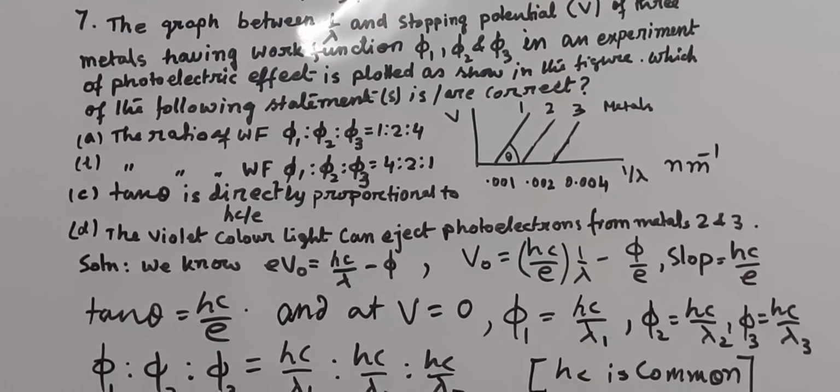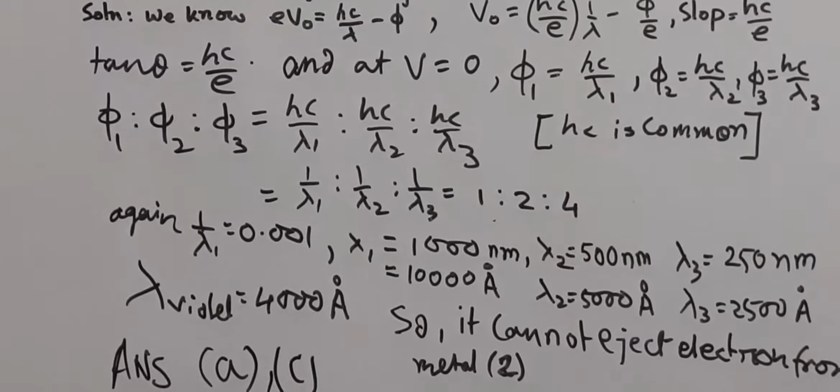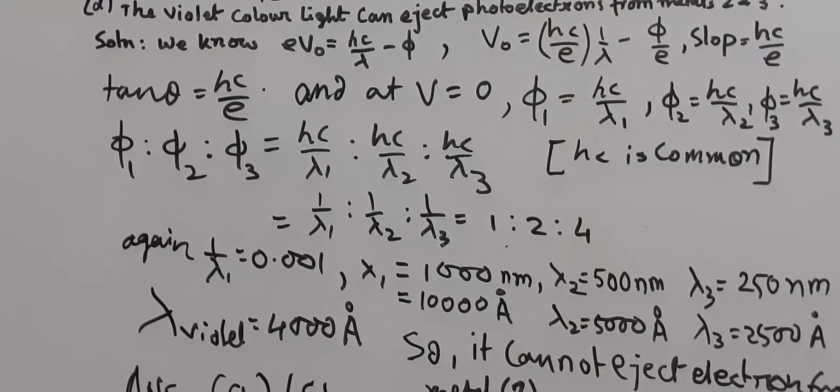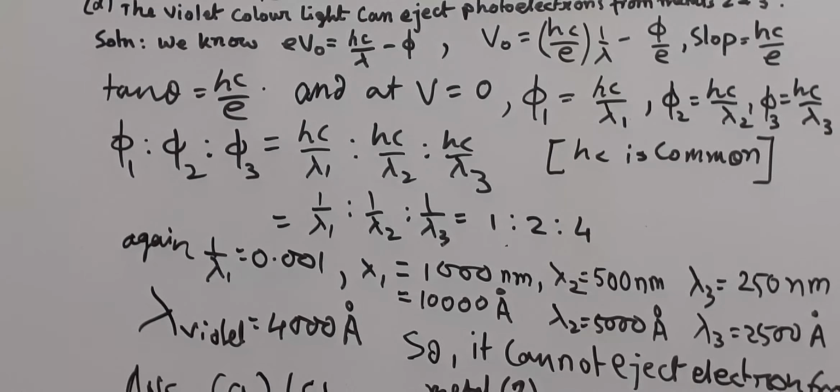Now, from all these relations, we can see phi 1 is to phi 2 is to phi 3 will be h c over lambda 1 is proportional h c over lambda 2, proportional h c over lambda 3, h c is common for all. So, we can write 1 by lambda 1 is to 1 by lambda 2 is to 1 by lambda 3, that is 1 is to 2 is to 4 will be another answer.